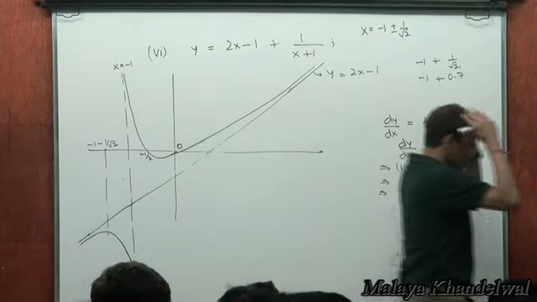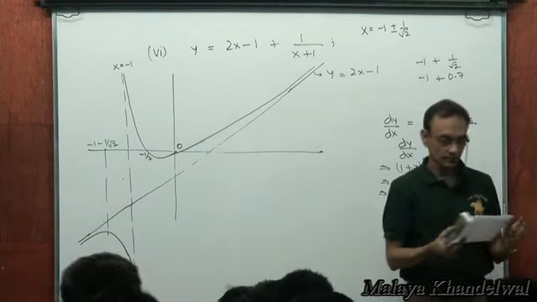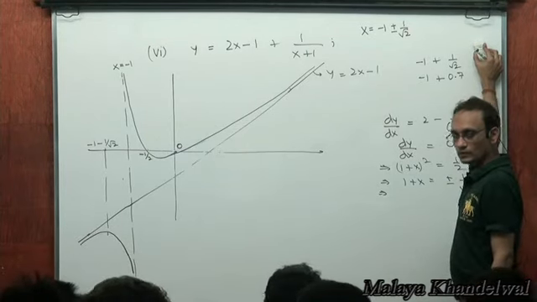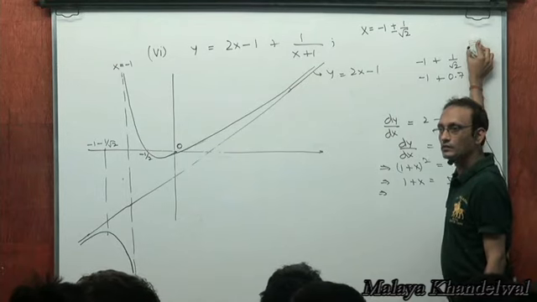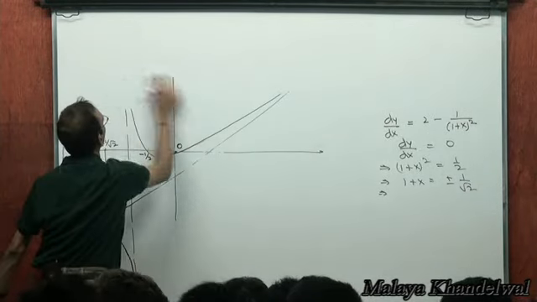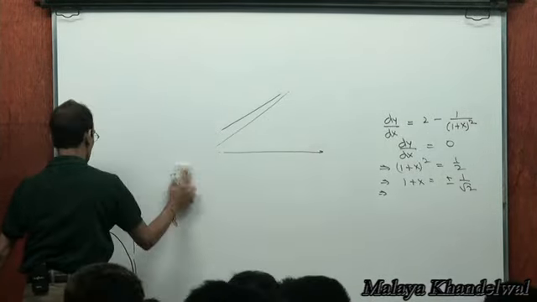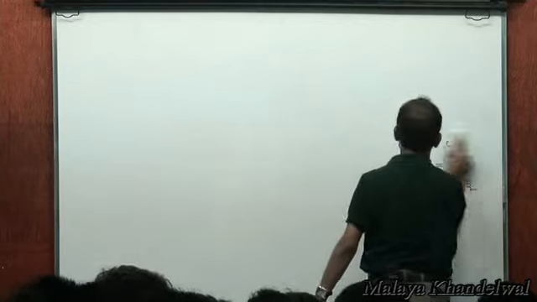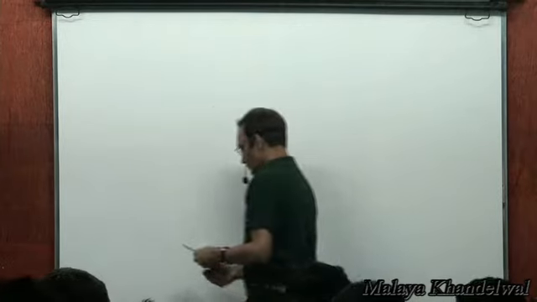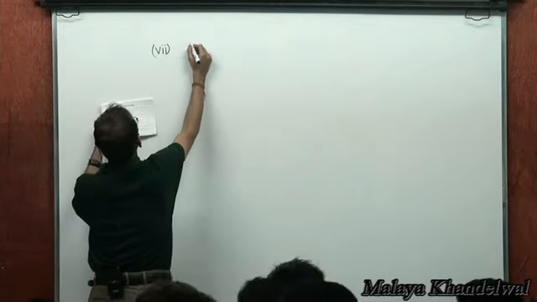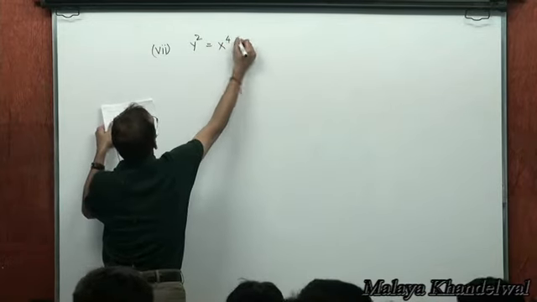Let me look at the next one. Y square is x power 4 into x plus 1.